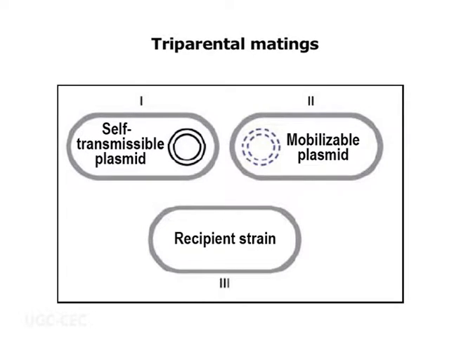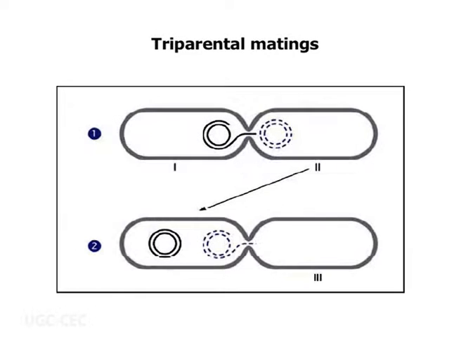If these three cells are allowed to be in contact, then what will happen? In the first stage, the self-transmissible plasmid will be transferred from parent 1 to parent 2. Because the self-transmissible plasmid entering the new cell will start expressing the MPF locus, pilus formation genes, and coupling proteins, they will finally bind to the oriT site of the mobilizable plasmid and carry out the mobilization or transfer of the plasmid from parent 2 to parent 3, which is the real recipient.